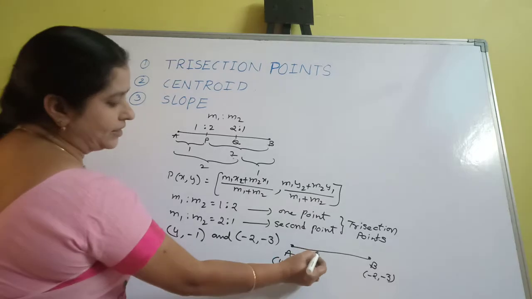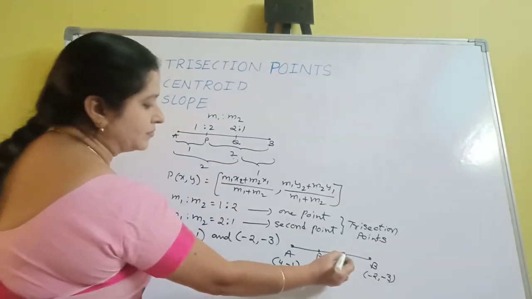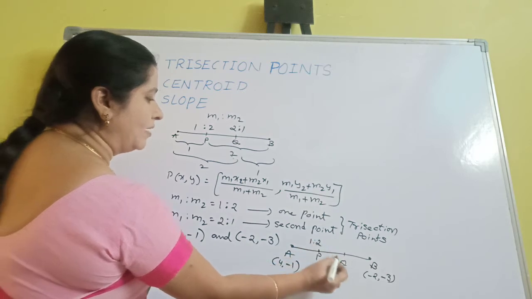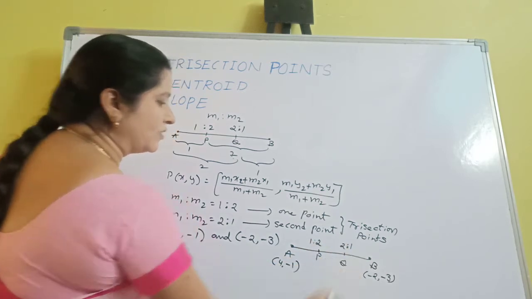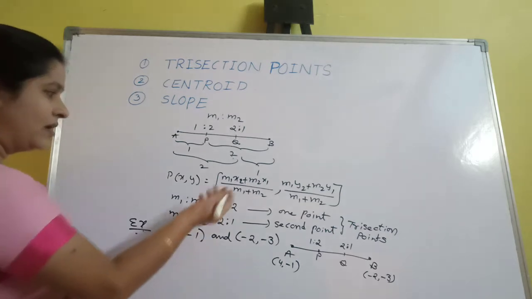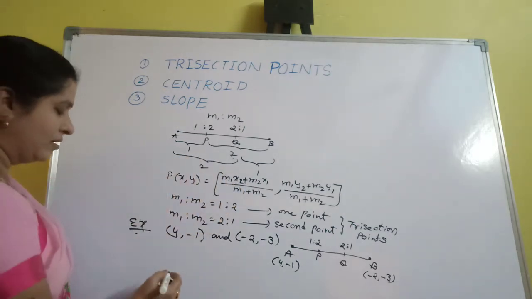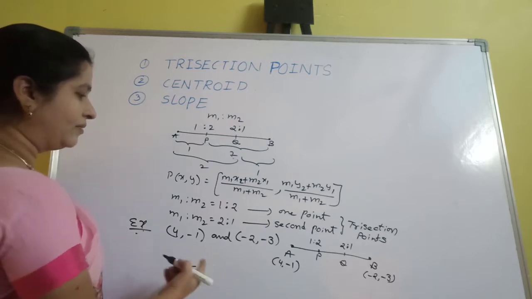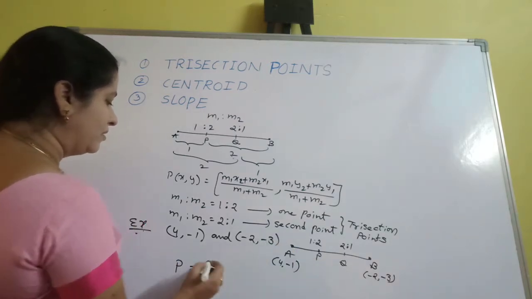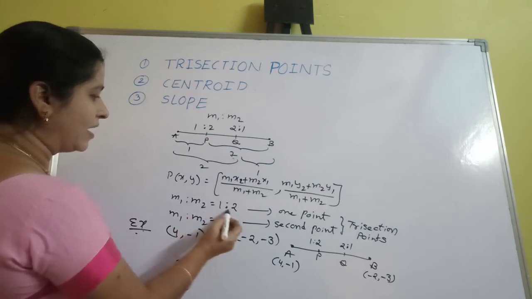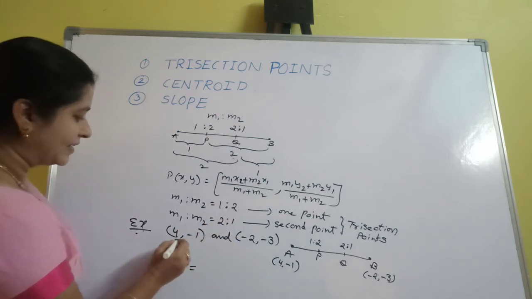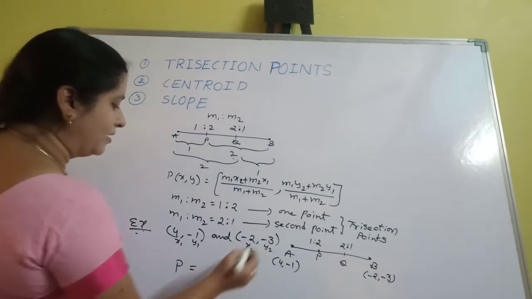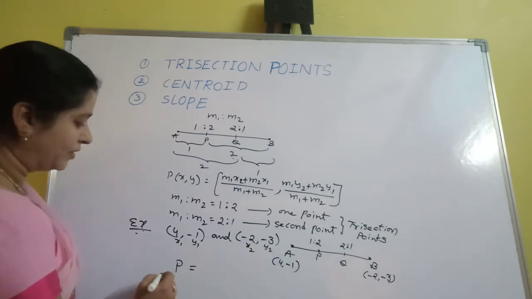The trisection points we are taking here are P and Q. First take 1:2 ratio for P, 2:1 ratio for Q. Find the P and Q values by using this section formula. So first find the value of P. Here m1:m2 is 1:2. This is x1, y1, and x2, y2 is the second point.